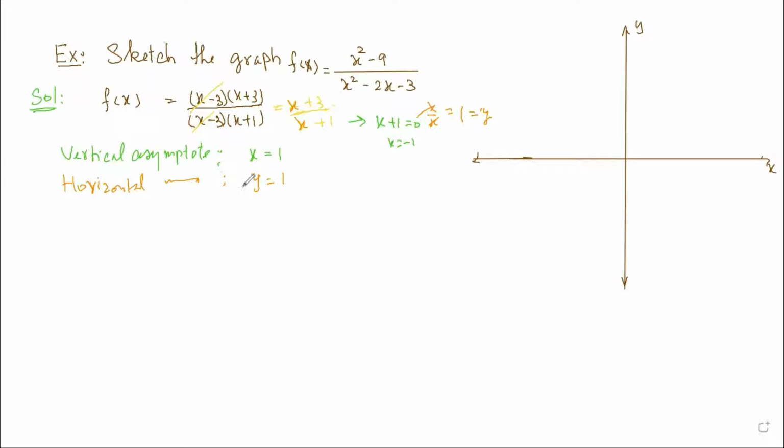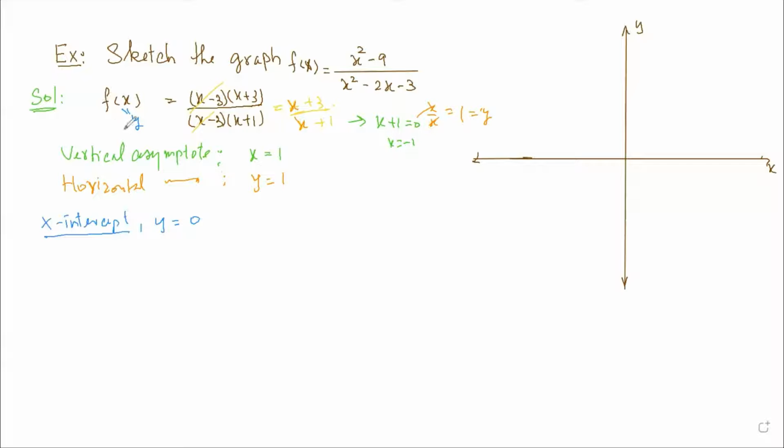After this one, next we find the x-intercept. Okay, next we find the x-intercept. The x-intercept means y equals 0. Okay, so then we replace, this is y, right? f of x is y.